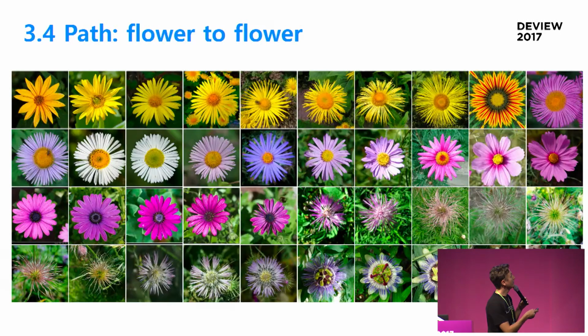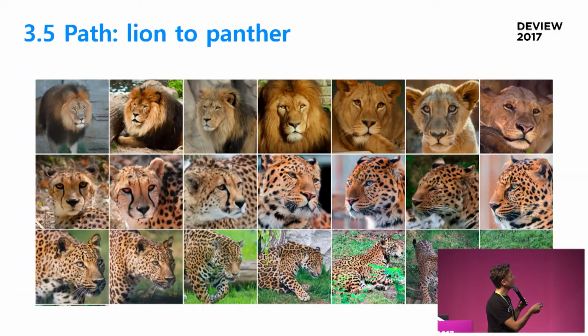Same thing here, going from a lion to a cheetah. Again, you go through actually quite a smooth path. And what you can see is that actually the number of images you have to go through is much smaller. So the images are quite close.